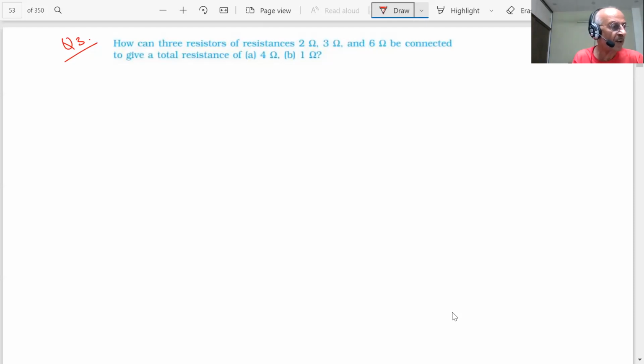You are given 2 ohms, 3 ohms, and 6 ohms, and what you want is 4 ohms and 1 ohm. How will we get 4 ohm and 1 ohm from these?